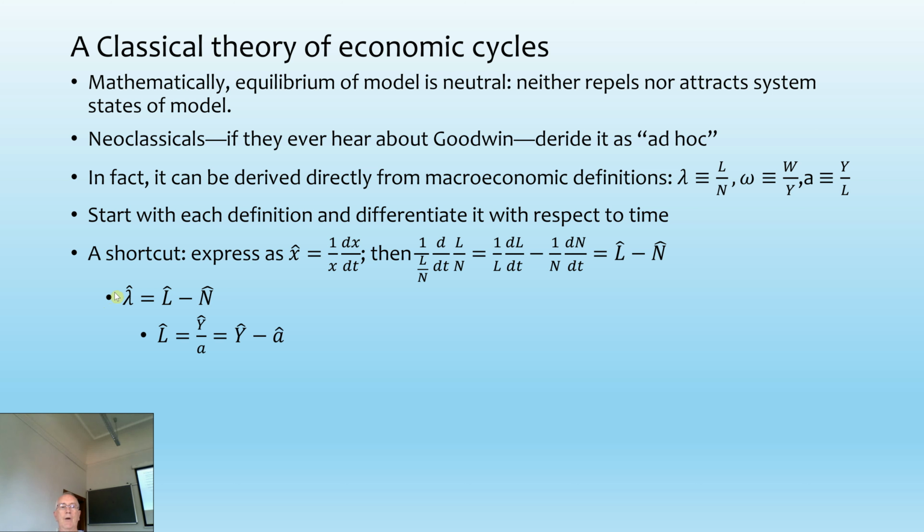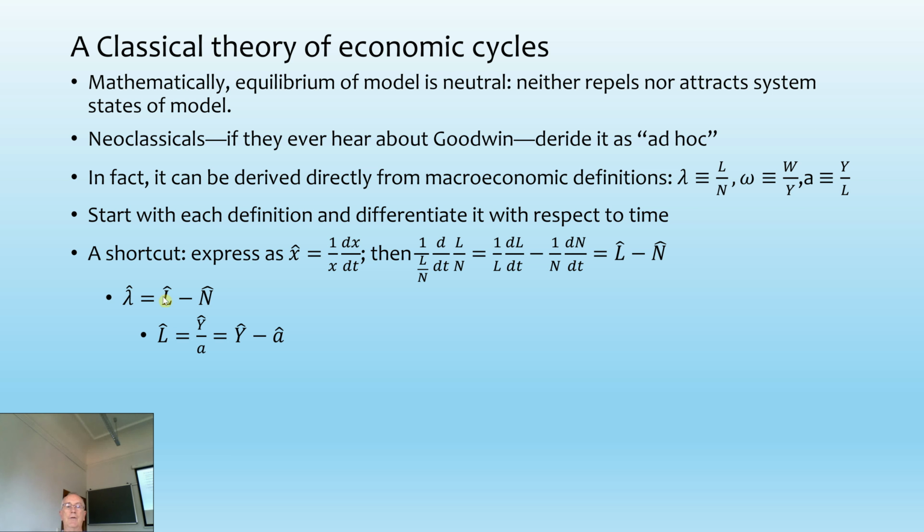You start by saying the hat means 1 over x dx/dt. Okay? So the hat means 1 over lambda dlambda/dt, which is the percentage rate of growth of the employment rate, which is, the employment rate is L over N. Okay? So you can simply say it's the percentage rate of growth of employment minus the percentage rate of growth of population. That's mathematically correct. Just get this in an instant.